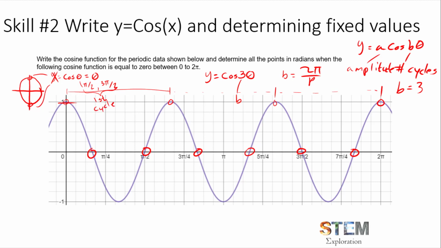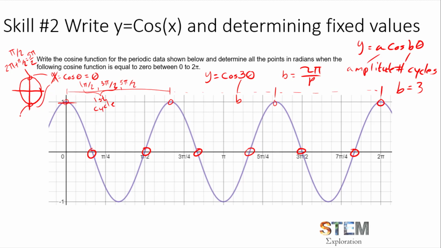So if we find this position and add 360 degrees or 2 pi, we start with pi over 2, and then the next time that we hit it, if we keep racing around the racetrack, the next point would be 2 pi plus pi over 2, which simplifies to 5 pi over 2. So the next time that we hit 0 on the unit circle is at 5 pi over 2.